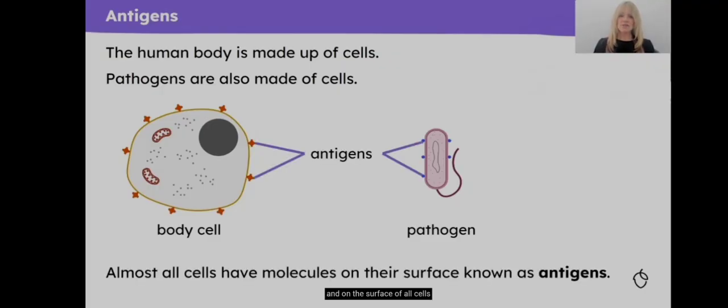And on the surface of all cells, we find these things called antigens. Antigens are proteins, and they have a particular structure to them, a particular tertiary structure. We can see here on the image that different cells have these different antigens. We can see that in the shape of them.